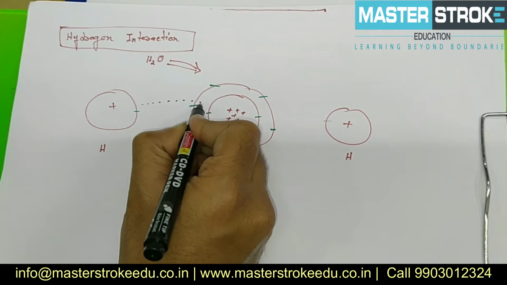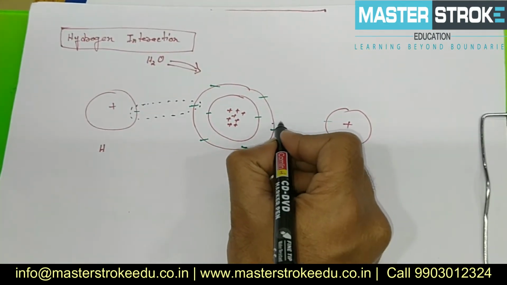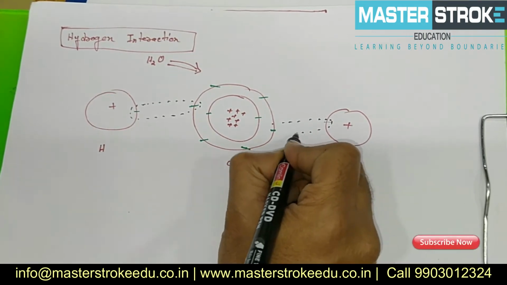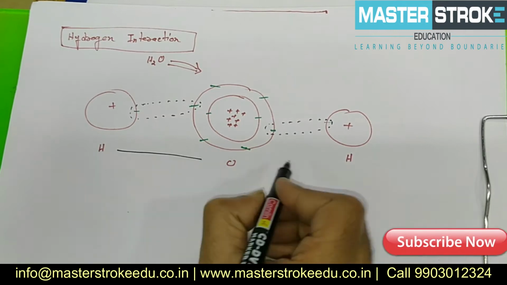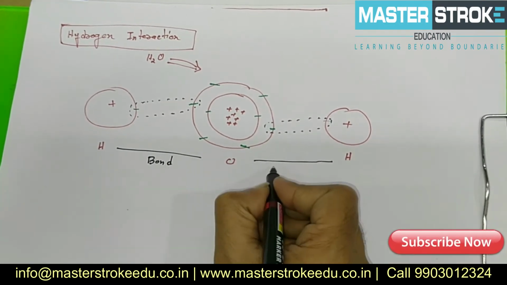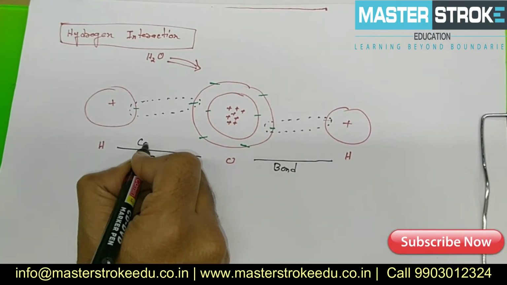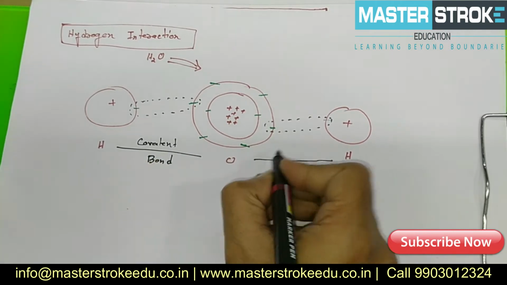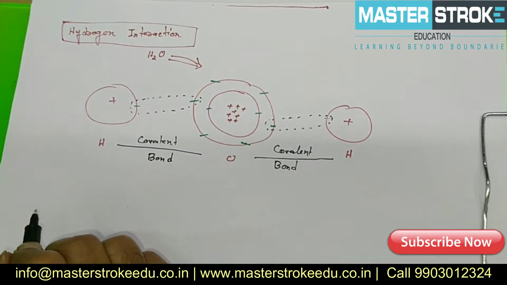This is the first electron sharing, so it is a covalent bond, and this is also a covalent bond. These 2 bonds are both single covalent bonds.